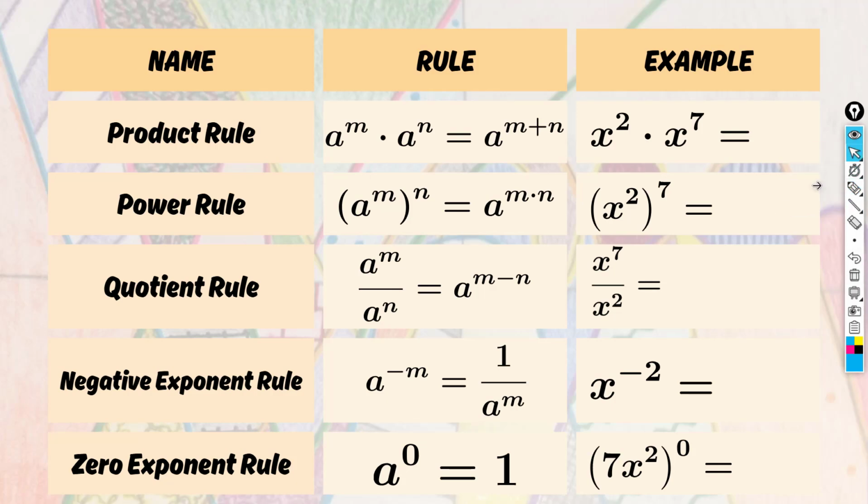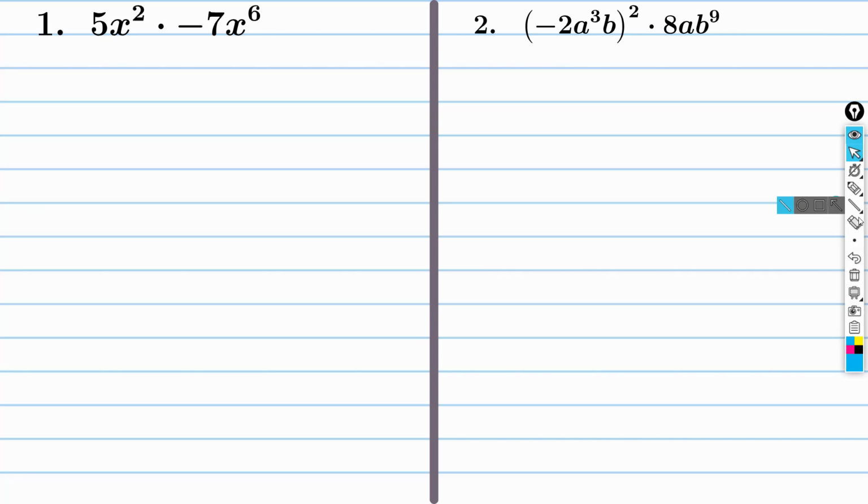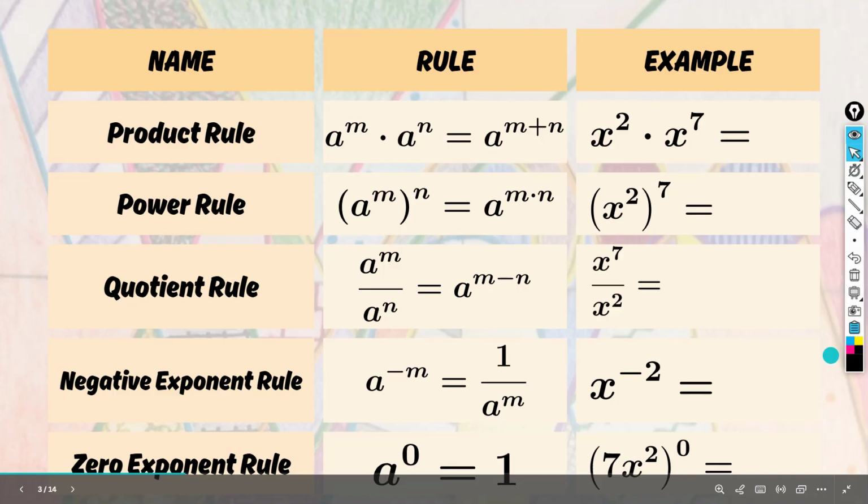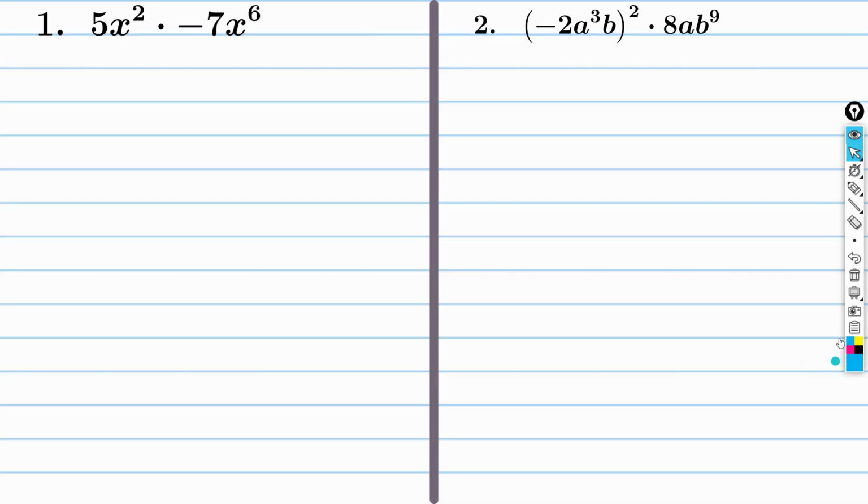So now let's look at doing a few of these problems. Let's start off with a little bit more basic. On this first problem, I have 5x squared times negative 7x to the 6th. That's 5 times negative 7, because I can regroup it.